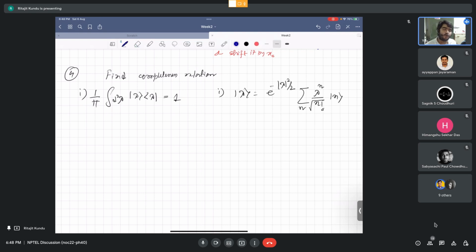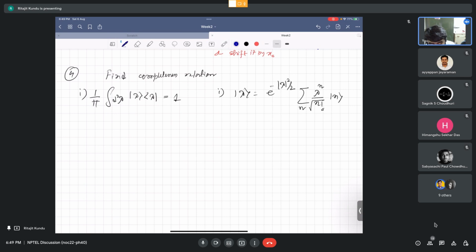Coherent states are not orthogonal, because the overlap of these different coherent states is not zero. In literature they are sometimes called overcomplete states, an overcomplete basis. But even if they are not orthogonal, they still span a basis. If they span a basis, then there exists a completeness relation for these also. So let's have a look at these completeness relations.